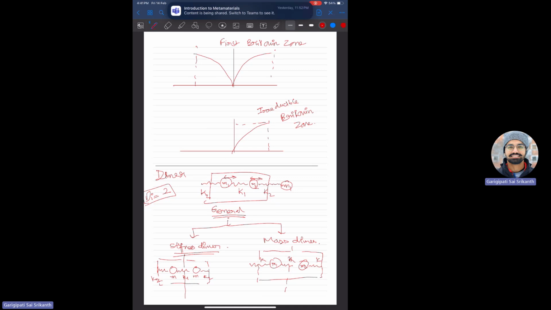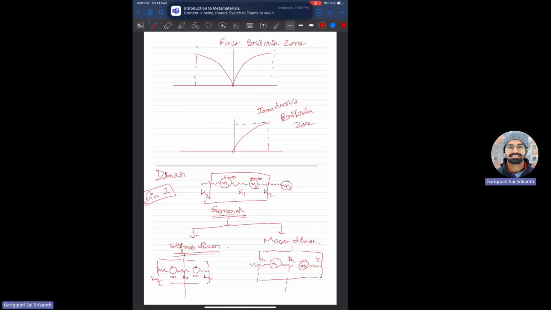Like if there's a wave propagating from right to left and from left to right, it will behave the same. So in simple mechanical systems, the behavior is reciprocal. In certain systems where there may be energy loss or energy gain, we may see non-reciprocal behavior, but that is not considered here for now.